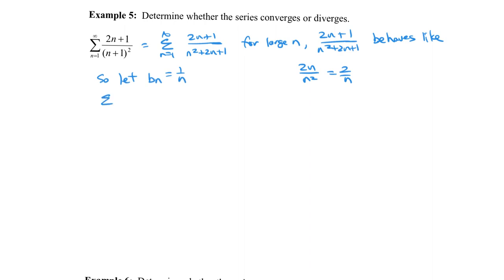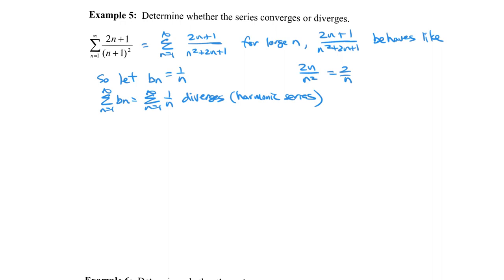And we know that this series from 1 to infinity of b sub n is just the series 1 over n, which diverges, right? It's a harmonic series, or p series with p equals 1. All right, so we think ours diverges, and we're going to compare it to this diverging series.